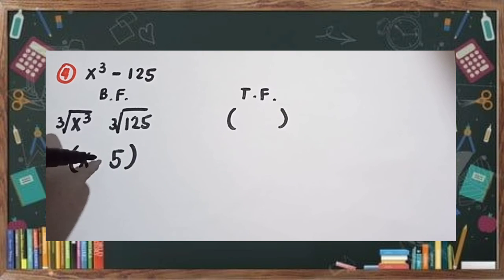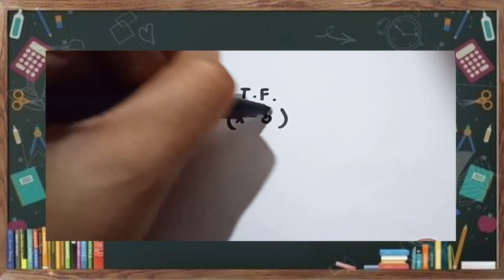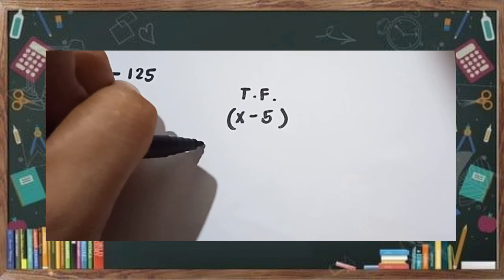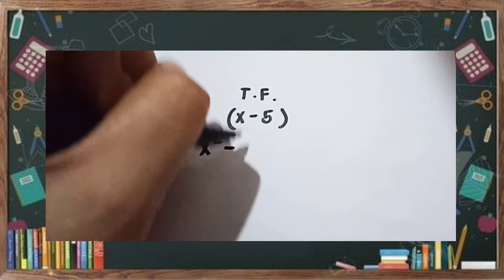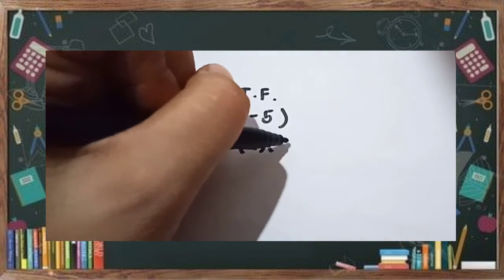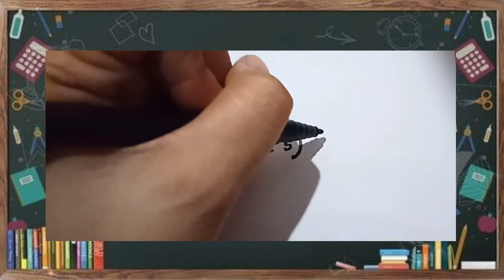Then, take the sign. Okay, so we will going to use the binomial factor to get the trinomial factor. First, we need to square the first term minus the product of the first term and the second term. Then, square natin yung last term.